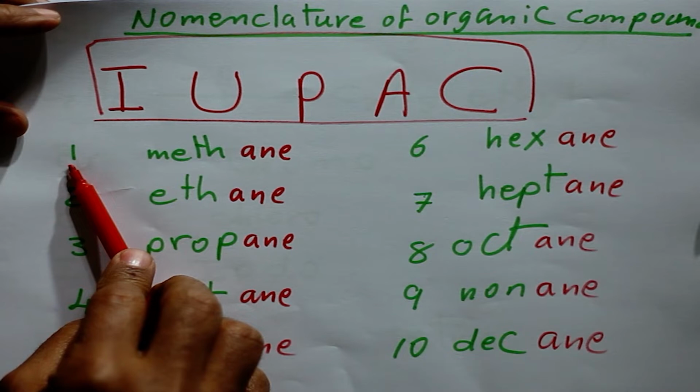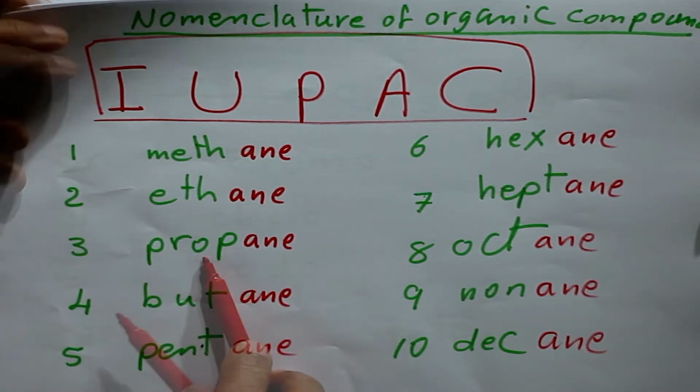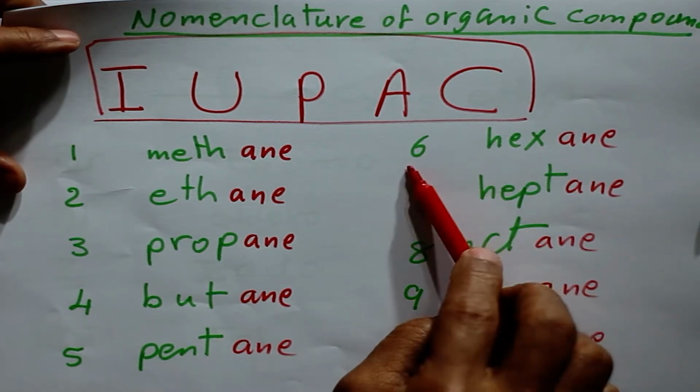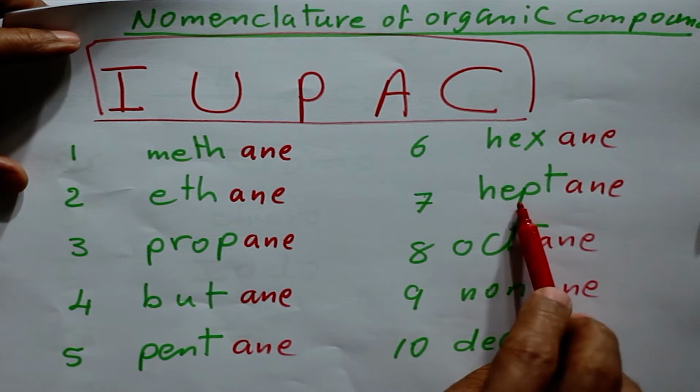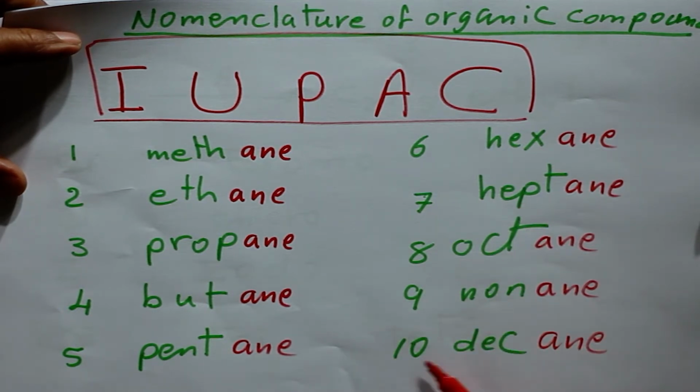1 carbon atom, meth; 2 carbon, eth; 3, prop; 4, but; 5, pent; 6, hex; 7, hept; 8, oct; 9, non; 10, dec.